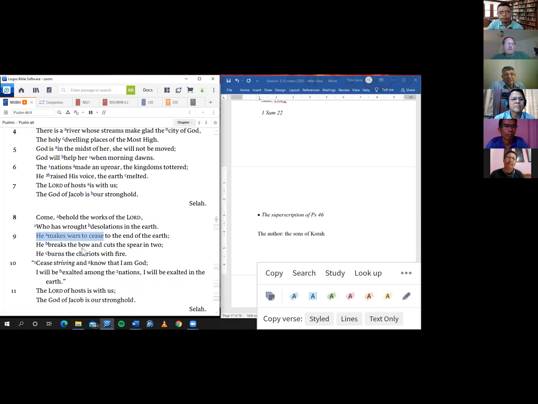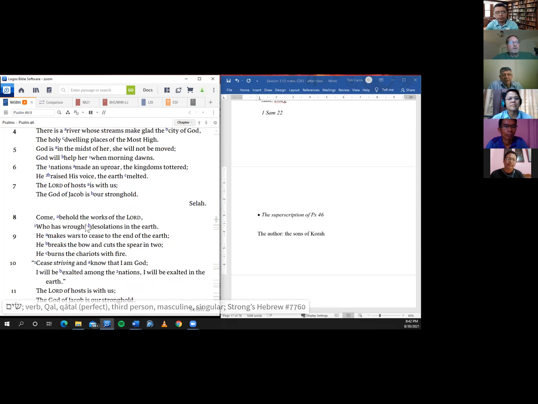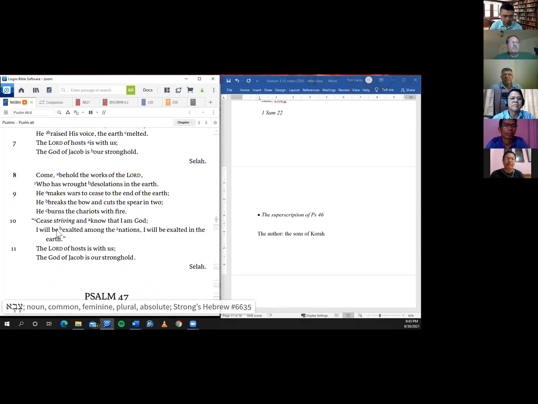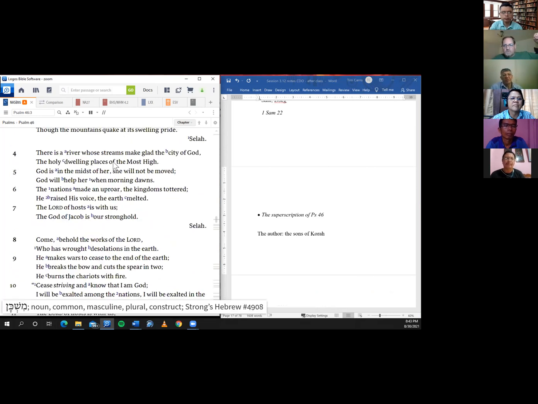He talks about chariots and bows and wars here. And he talks about the nations made an uproar, the kingdoms tottered. He says, "Cease striving, know that I am God, I will be exalted among the nations." If you study this psalm, it seems like this was written after God had delivered the people from an enemy army.